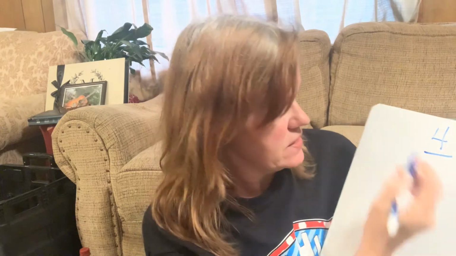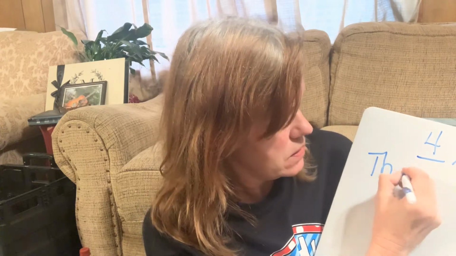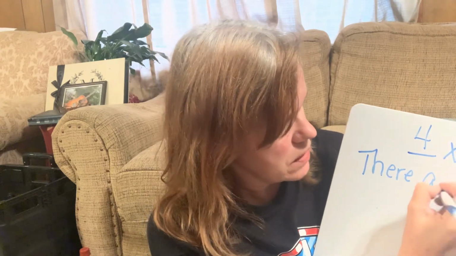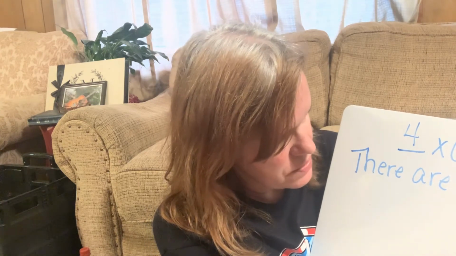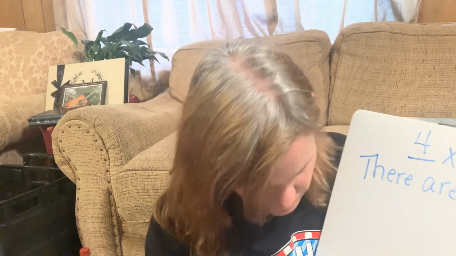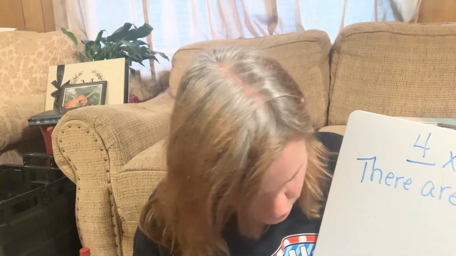Now, it tells us to use words to write about the groups. So it would be, how many groups are there? 4, right? So we would say, there are 4 groups. Okay? There are 4 groups.